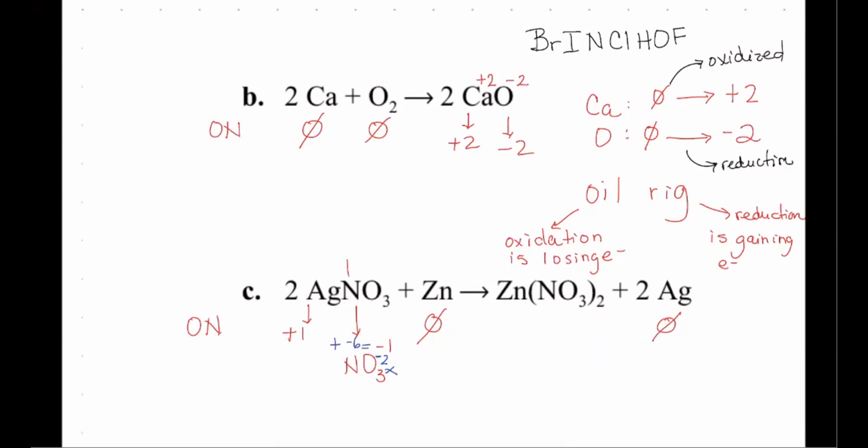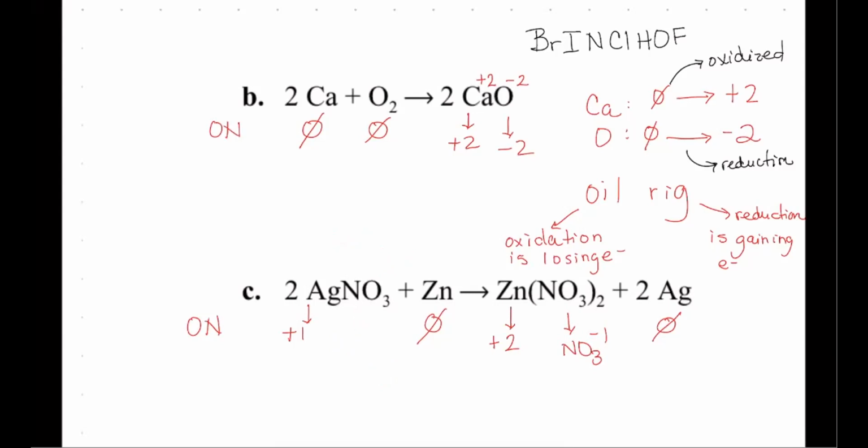So we know that nitrogen is +5. Oxygen overall is -6, but by itself is -2. Remember, the -6 comes from the multiplication of the -2 times 3. If we look at the product, zinc is in an ionic compound, so it's +2. And look, NO3 is still -1. In the context of this compound, we have NO3 on both sides.